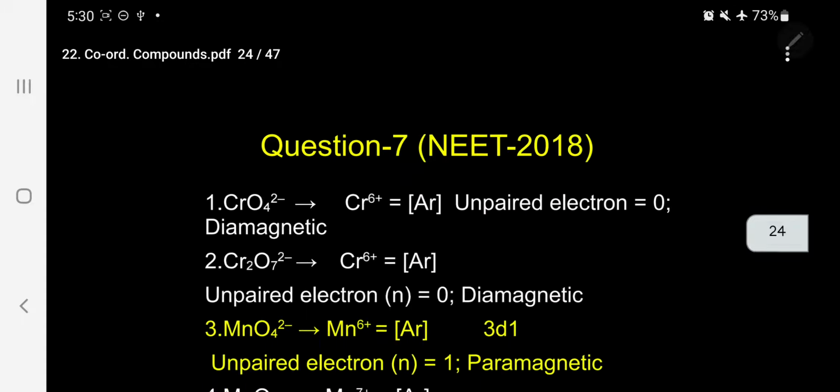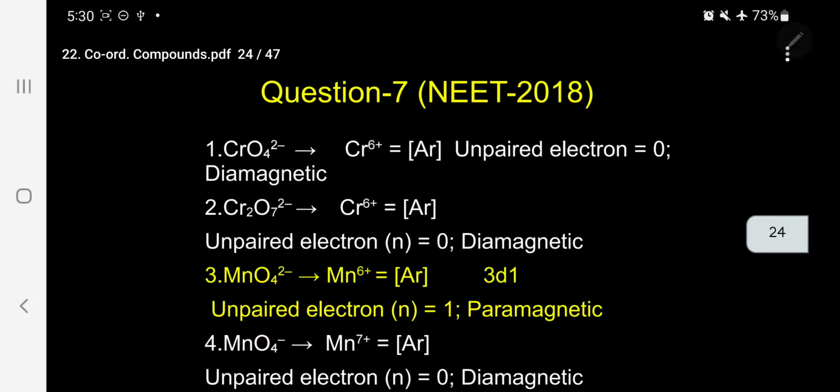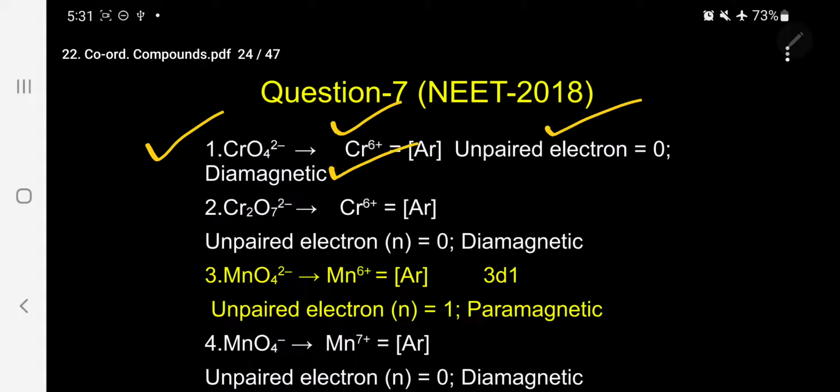In this case, CrO4 minus. So chromium 6 plus is the corresponding argon configuration. The number of unpaired electrons is 0. So we have to think that it is diamagnetic.